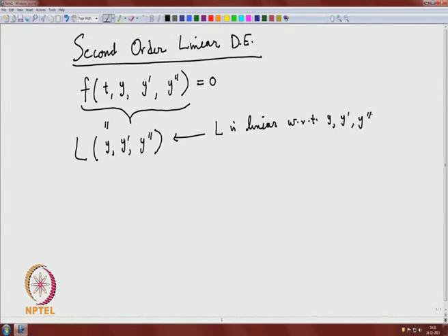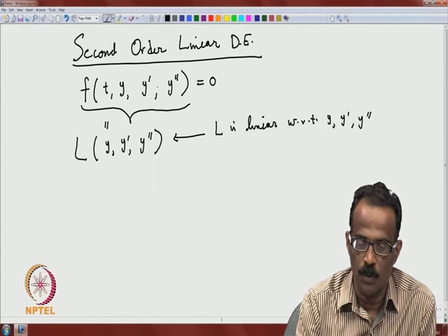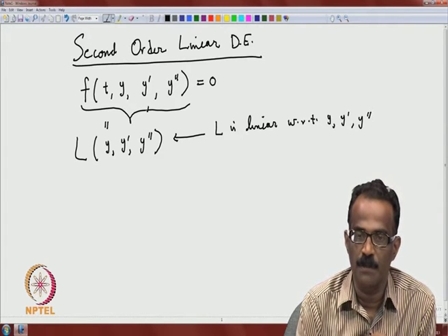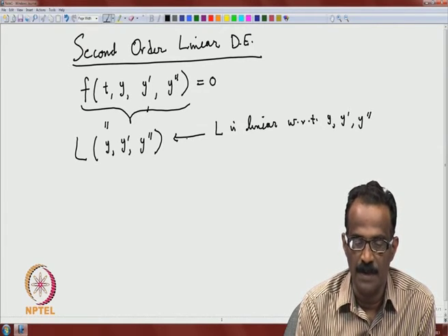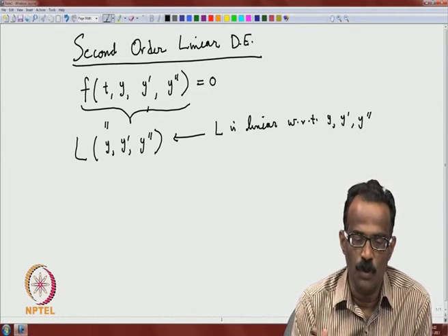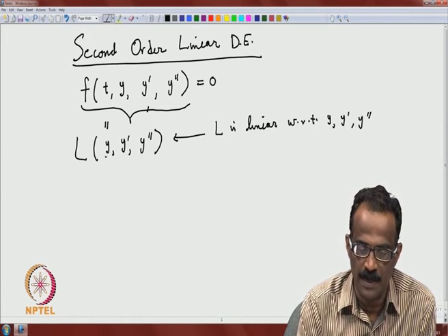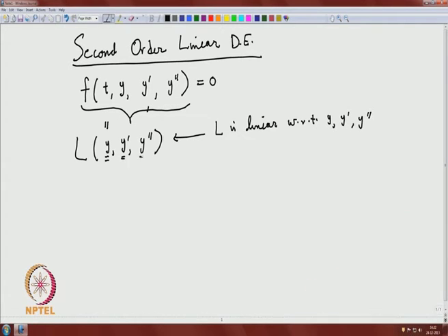Just like in the first order case, where there was no y double prime and we had only up to y prime. We do not demand, as in first order, any linearity with respect to t.